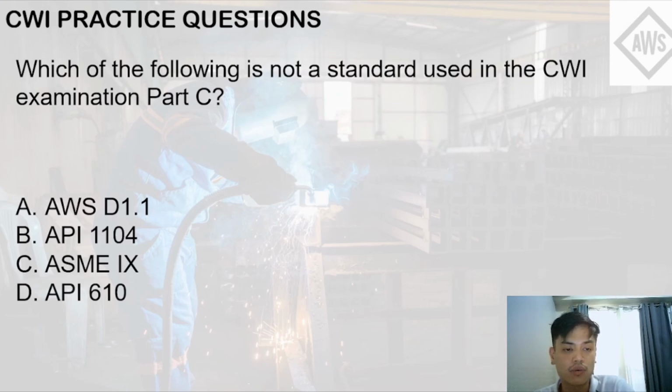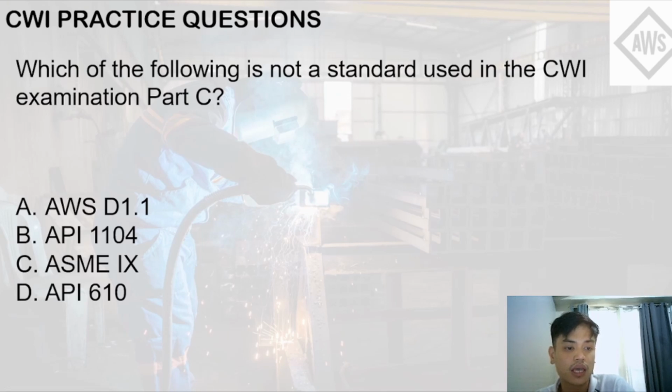AWS D1.1, as I talked about earlier, is the structural code for steel. API 1104 is the welding of pipelines and related facilities. ASME 9 is welding and brazing procedure qualifications. But AWS D1.1 also has pre-qualification of welding procedure specification.